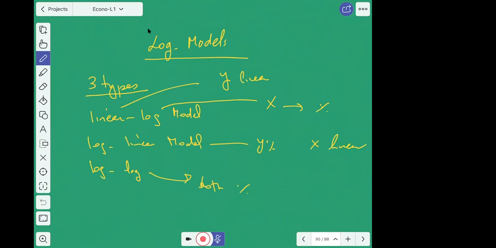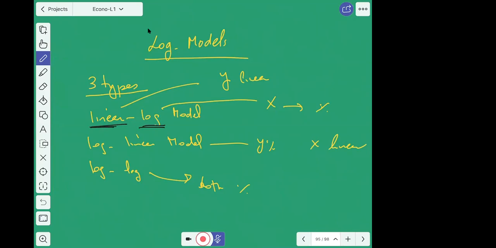I'm going to start again from this slide. Last time, we said that we have three different types of log models: the linear-log, the log-linear, and the log-log model. The first term always refers to y, and the second term refers to x.